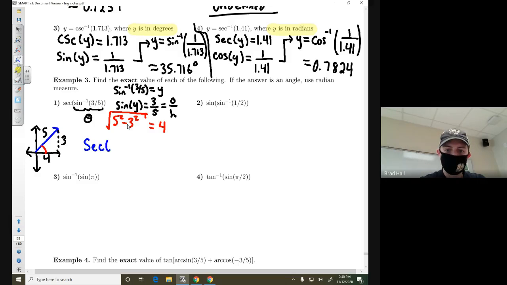So secant of theta, well, this is theta. Secant, hopefully you remember, is hypotenuse over adjacent. And we have the triangle. Hypotenuse is 5, adjacent is 4. And that's the answer.